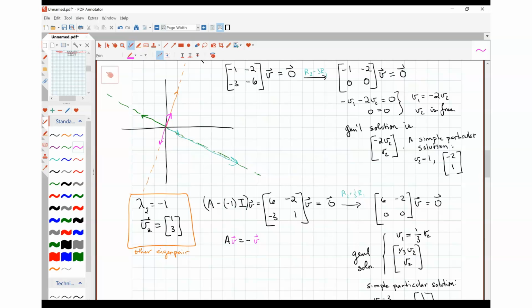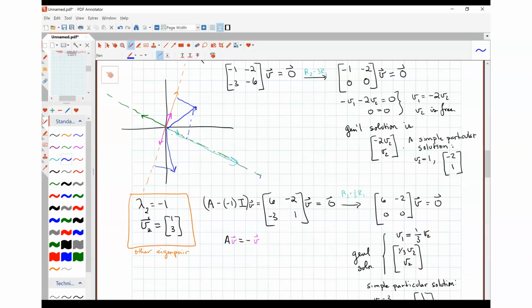And now, if I take an arbitrary vector that lives out here in R2, that's not on either of these lines, like this, the component of this vector that is in the orange direction is going to get flipped across that other line. And since this green direction scales by a factor of 6, the component of this vector that is along that direction is going to get multiplied by 6.